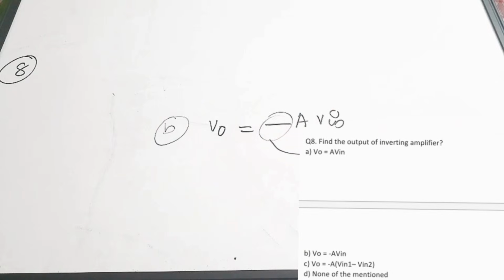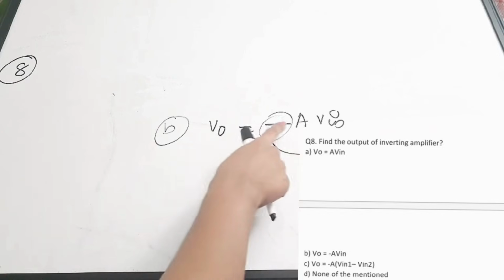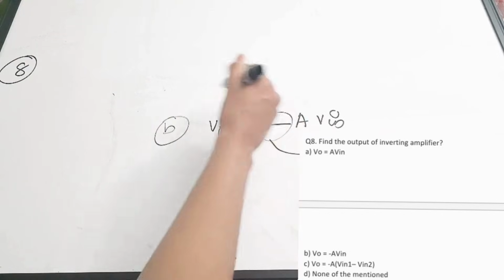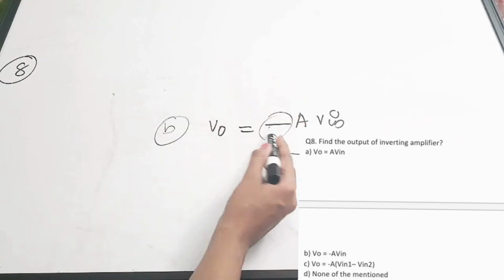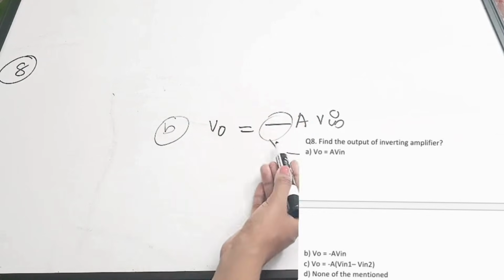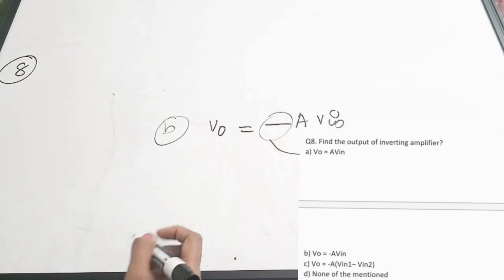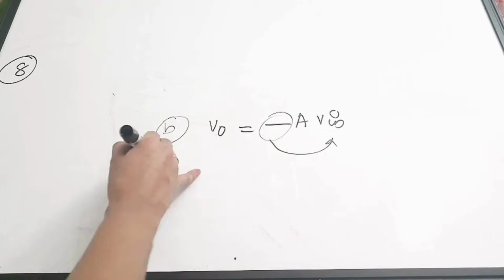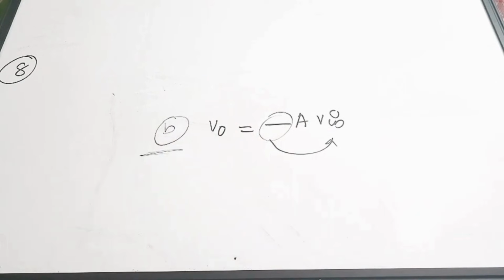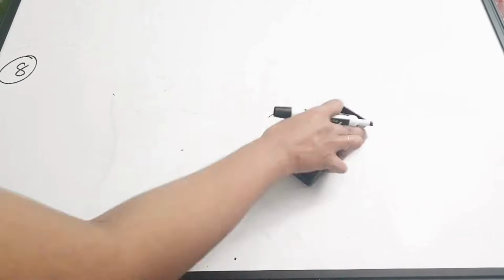So the correct answer is option B. I hope it is clear that you take your input and multiply it with the gain, and the negative indicates the output is 180 degrees out of phase with the input. So the correct answer is option B. Moving on to the 9th question.